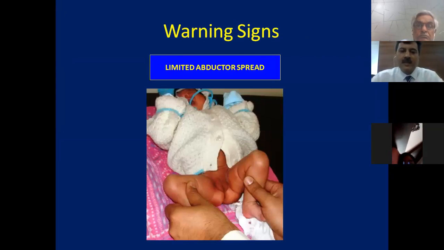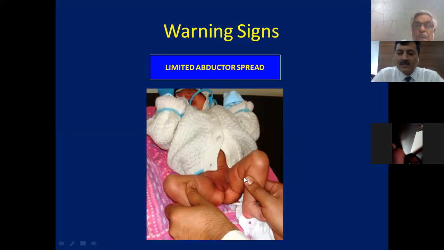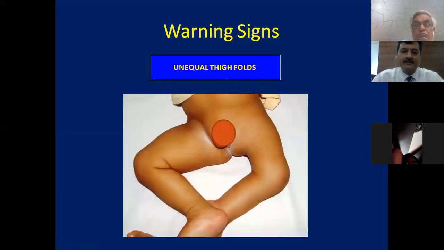The first is limited abductor spread. As you can see in this child, the abduction on the left side is less compared to the right side. So there is a distinct difference in the abductor spread on one side, which should guide you that this can be a DDH on the left side.